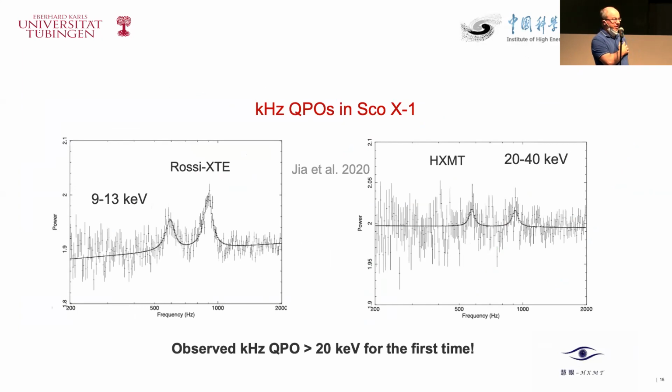So the argument that this boundary layer cannot produce the QPO that you see in Scorpius X-1 is somewhat unclear to me, because there is no big difference whether we have QPOs at 20 keV or 30 keV. The boundary layer has almost a black body spectrum with a color temperature of about 3 keV, so it actually goes to 30 keV easily. There are plenty of photons, at least in Scorpius X-1, still at 30 keV. Thank you.